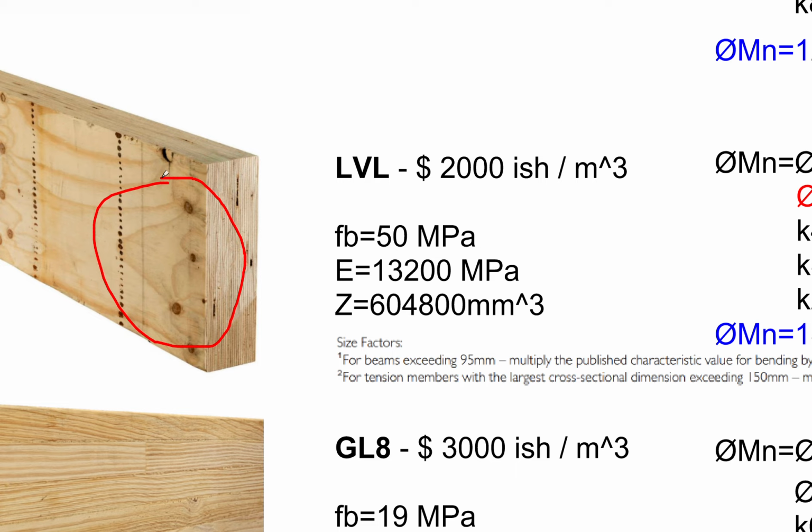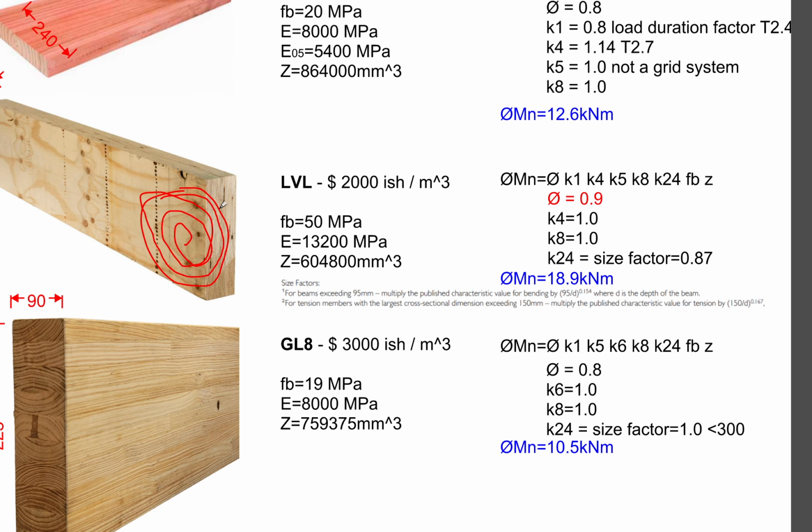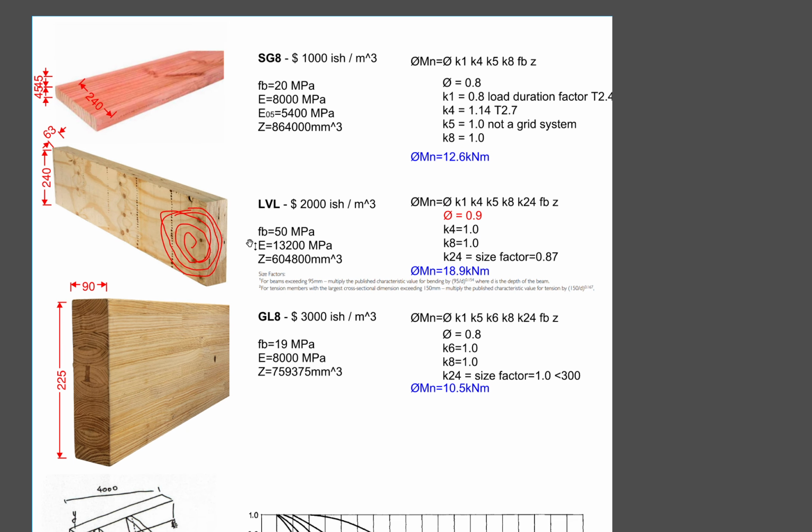Normally the round log goes into a machine. There's a rotary peeling process that cuts the log into a thin layer, and it cuts over and over and over, then eventually it gets stretched out. Then you cut it in shape. You hot press it, glue it, and then cold press it. That process makes the LVL.